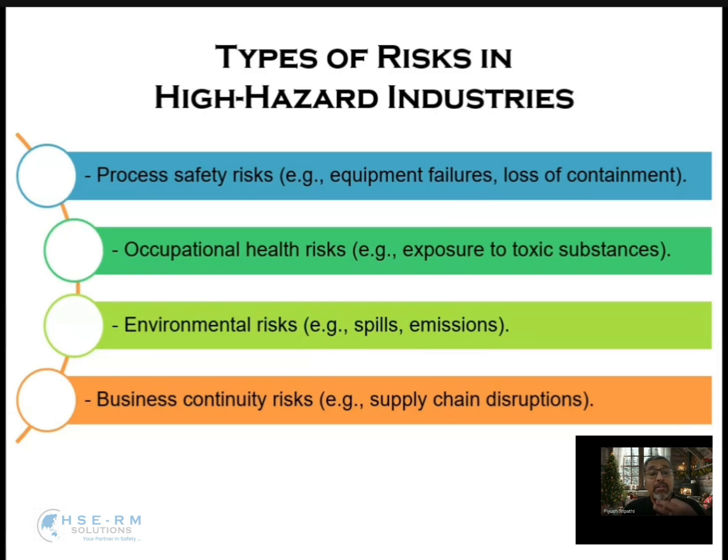Correct. The third is environmental risk, the risk of spillage and emissions. And last but not the least, business continuity risk. If something goes wrong, the entire business will be affected. There are technical risks and there are commercial risks. Both are involved. Correct. So this is what happens in a high hazard industry.